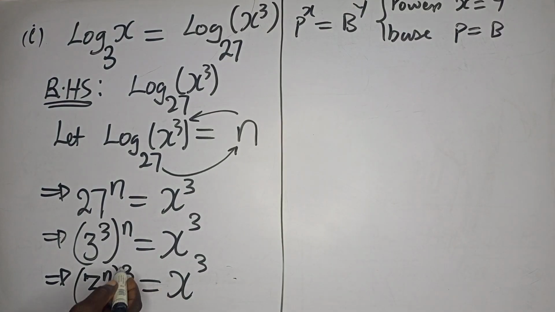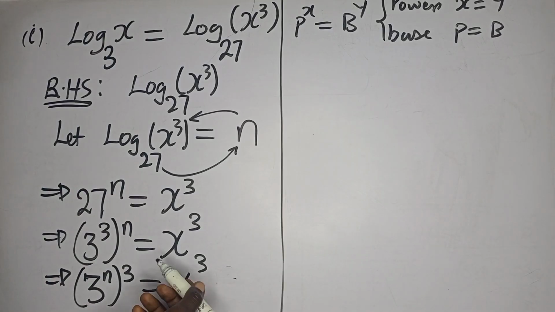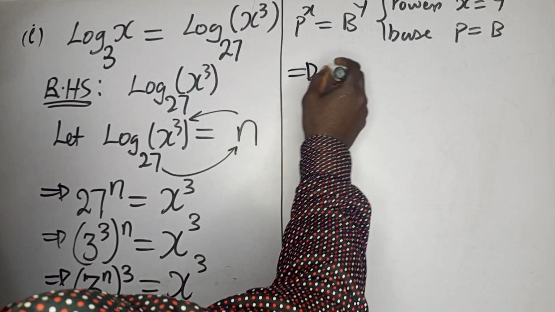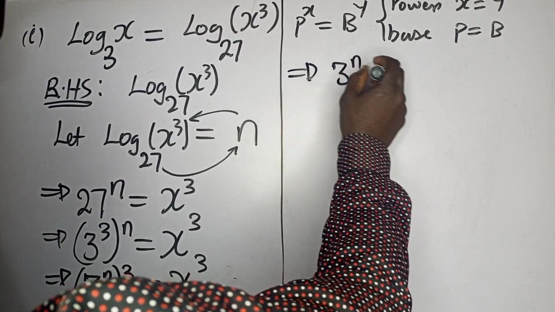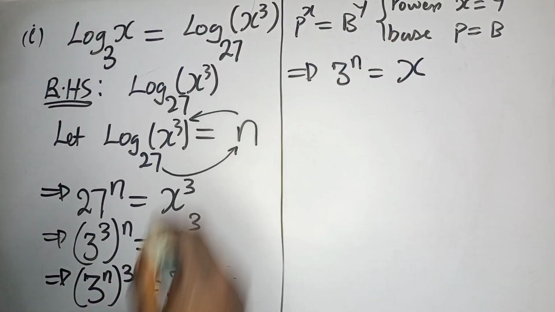Now we look at the external power here. The power here is 3, the power there is 3. So there's already equality at the level of the powers. Now what about the base? The base here is 3 to the power n, the base here is x. So we have the right to say 3 to the power n is equal to x.